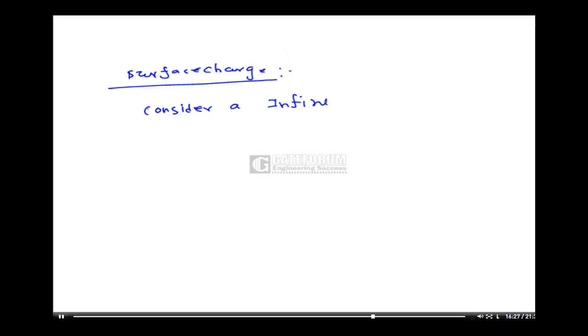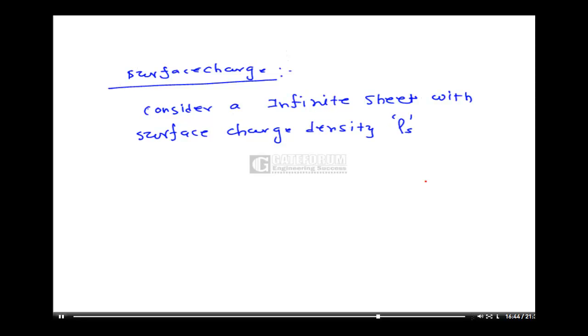Now we will see a surface charge. Over here I consider an infinite sheet with surface charge density rho s.